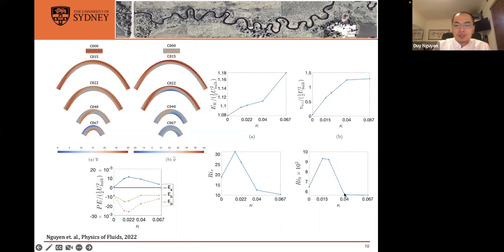So it tells us that in a really low curvature case, the stratification level is actually higher than in the straight channel case, but when it goes into the meandering channel and you increase the curvature, you actually decrease the stratification.